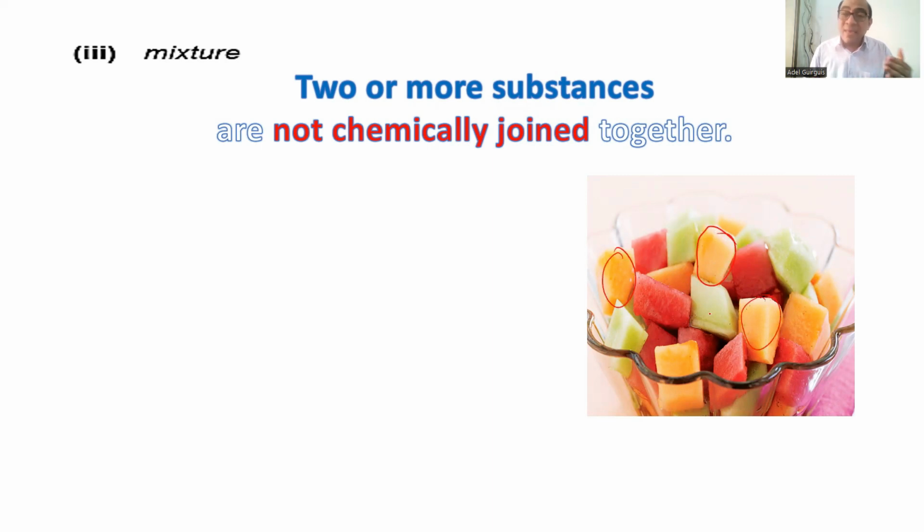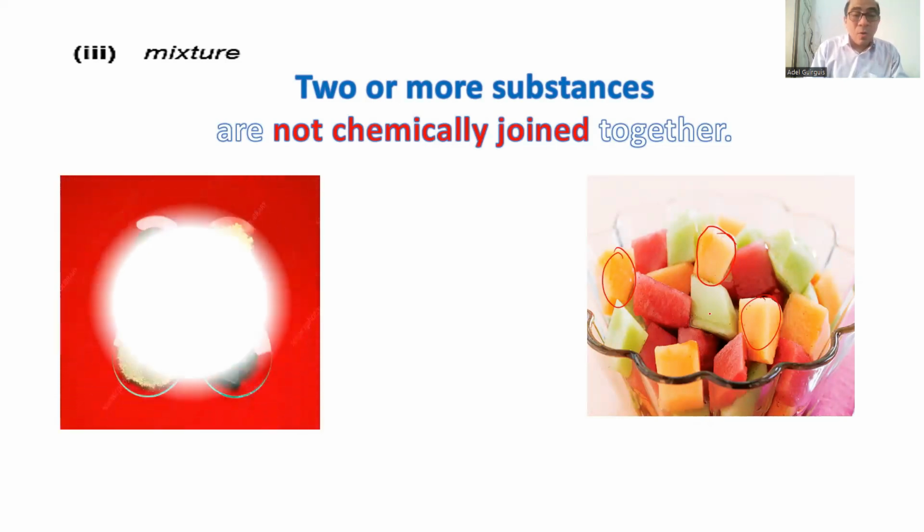So easily you can separate any component. Two or more substances are not chemically joined. Here we can separate mango pieces or watermelon pieces, if you do not prefer to eat this type of fruit, by an easy method, by a physical method. Two or more substances are not chemically joined together. No chemical reaction, no chemical bond between these pieces of fruit or atoms of substance.